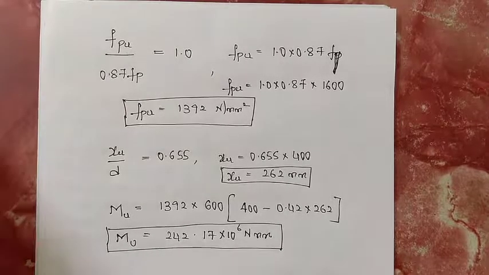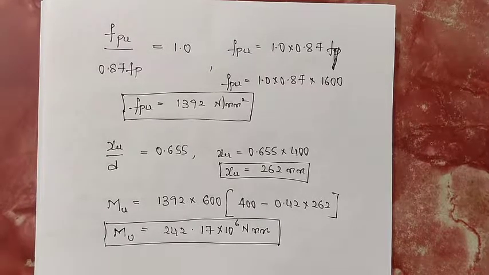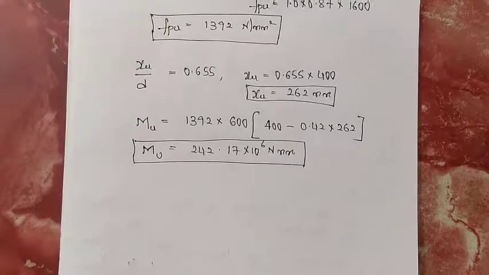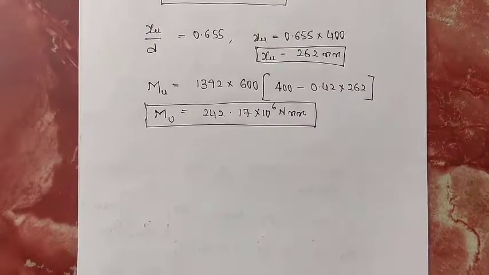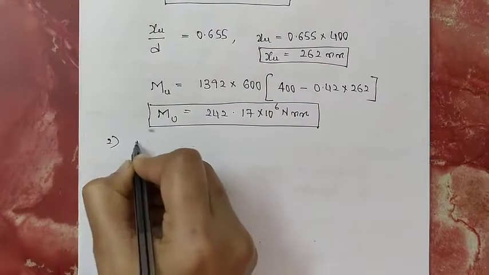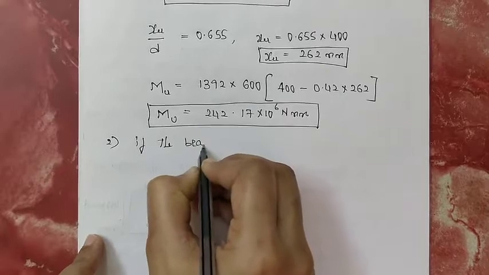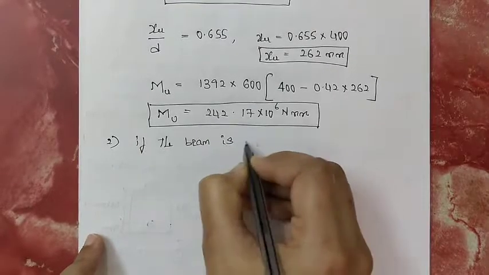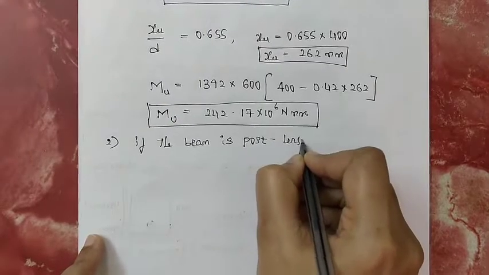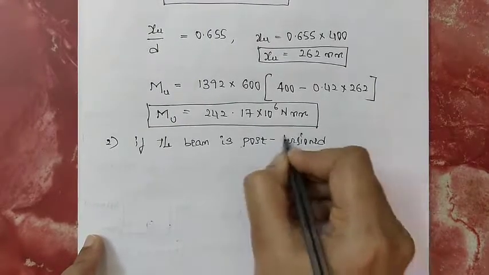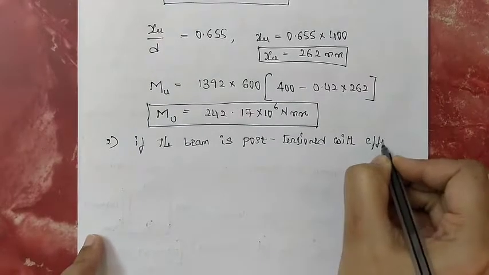Next we will move on to the second case: if the beam is post-tensioned with effective bond. You need to calculate the ultimate flexural strength of the section. Take down the second case: if the beam is post-tensioned with effective bond.